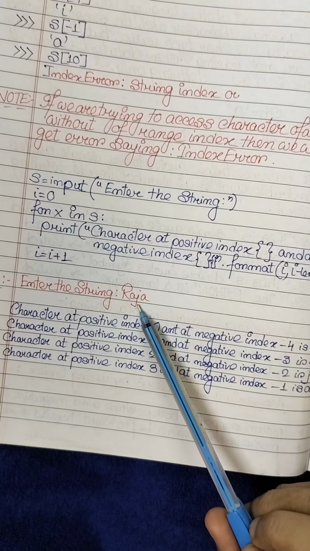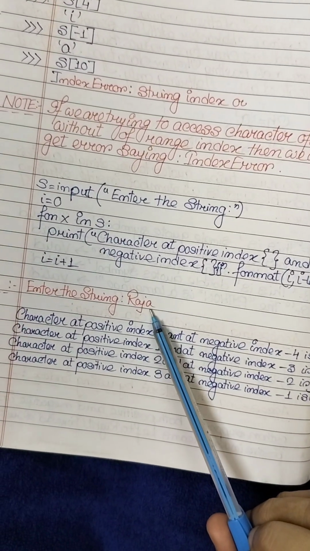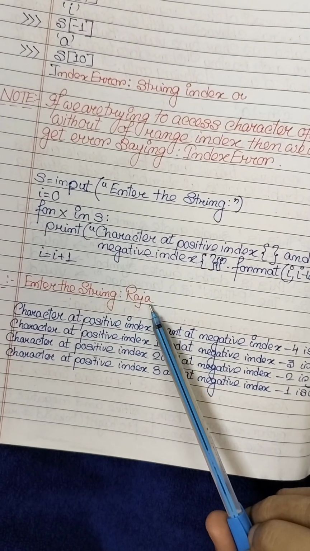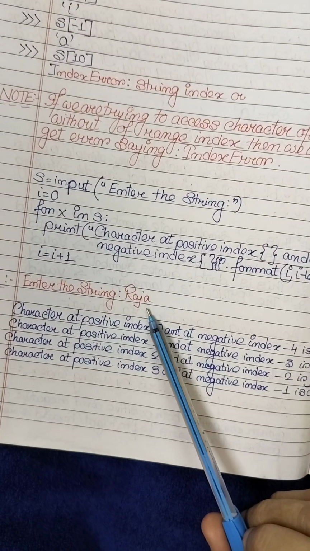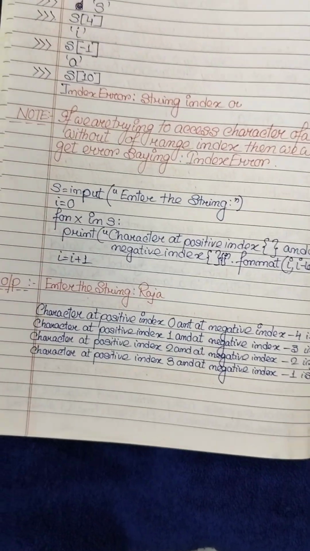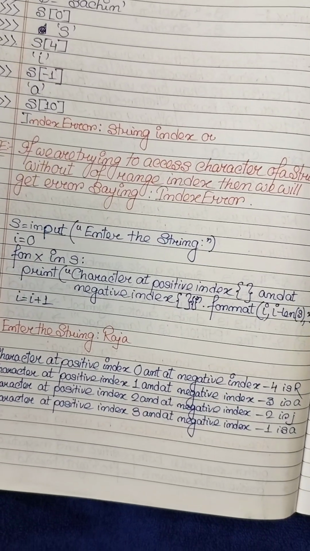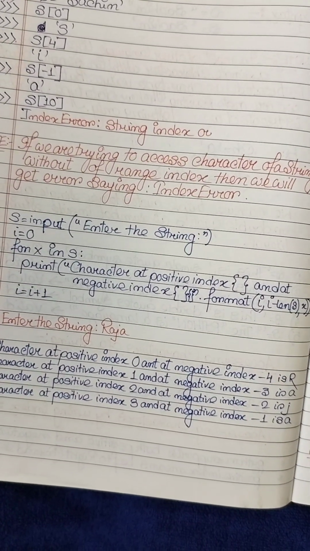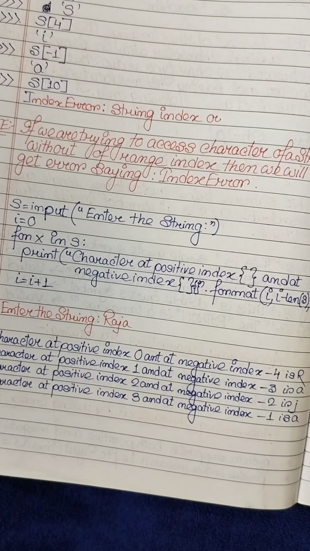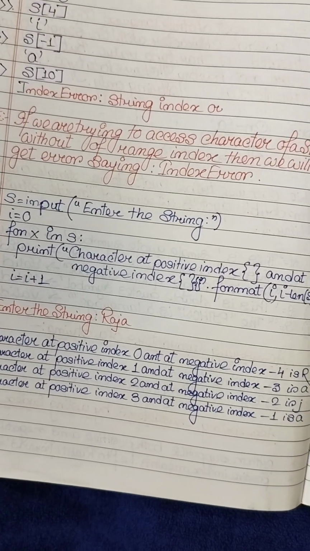For the last A, the positive index is 3 and the negative index is -1. So friends, I have already explained the string data type and its index positions, and I think these two examples are very helpful to you in counting and identifying the index in the string data type.